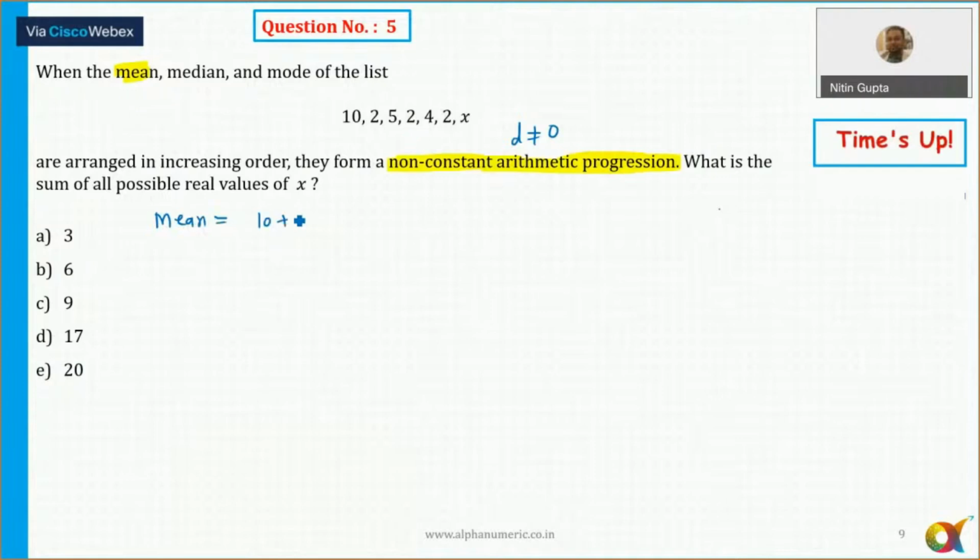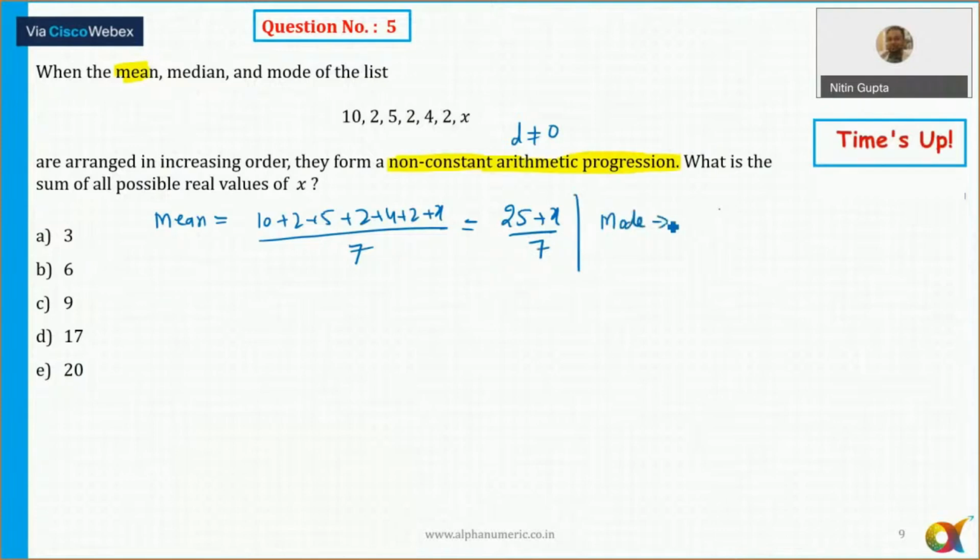So that is equal to 10 plus 2 plus 5 plus 2 plus 4 plus 2 plus x by 7. Okay. So what does the mean of these 7 numbers come out to be? I think that will be equal to 10 plus 2, 12 plus 5, it is 17 plus 2, 19, 19 plus 6 is 25. So this is equal to 25 plus x by 7. So this is the mean here. All right. Now, after that, we need to calculate mode. So let's calculate mode here.